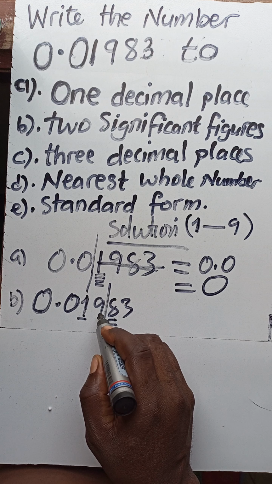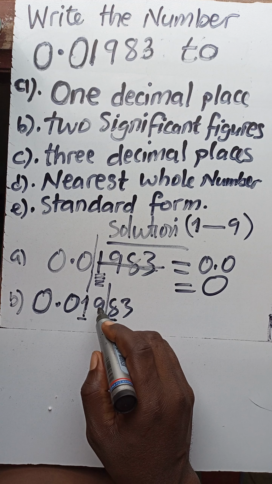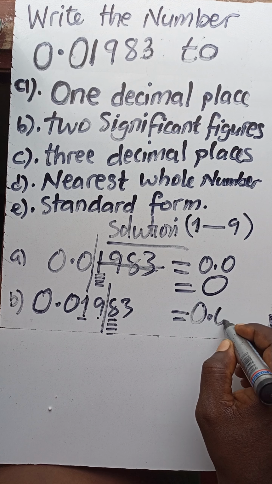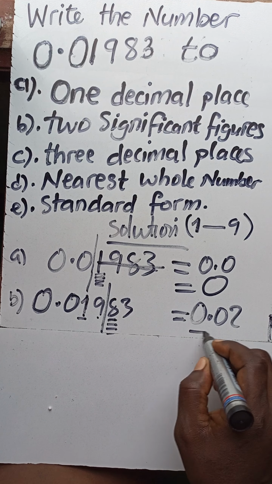When we add 1 to 9, it becomes 10. And so we will write 0 there and carry 1 and add to the digit before that. So our result simply becomes 0.02. So this number to two significant figures will be 0.02.